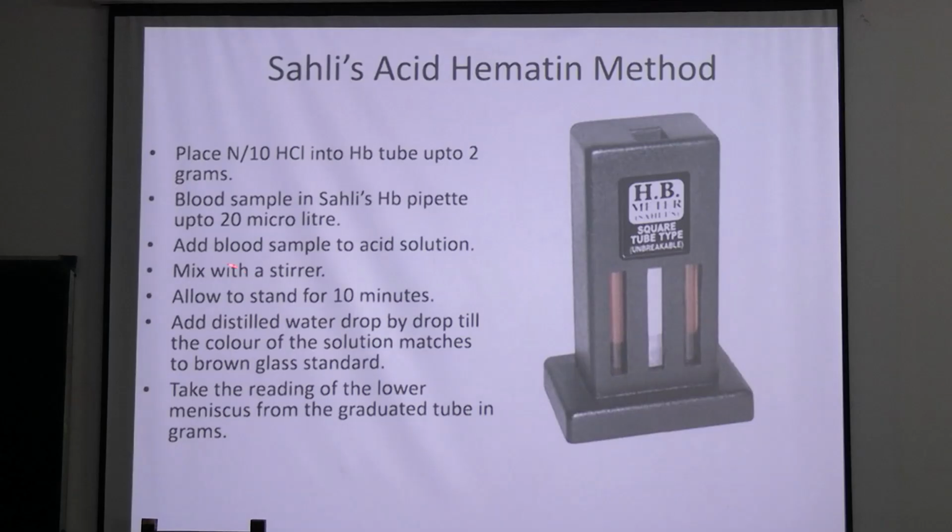Then it is mixed with the stirrer and allowed to stand for 10 minutes for the reaction to happen. Then distilled water is added drop by drop till the color of the solution matches the brown glass standard. The reading of the lower meniscus of the graduated tube is taken in grams. See, the fluid never stays flat; it stays in a concave way.